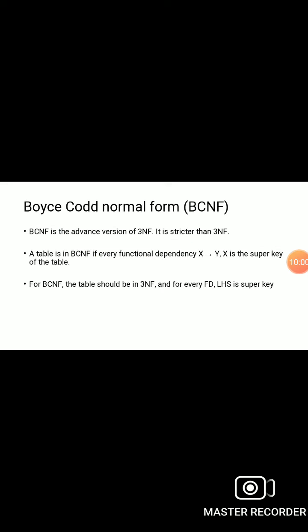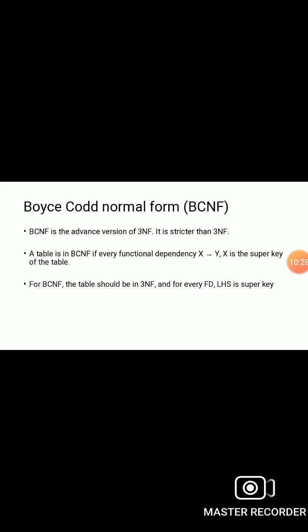The Boyce-Codd normal form, the BCNF, is the advanced version of the third normal form. It is also a basic reference to the third normal form, but stricter. A table is in BCNF if for every functional dependency X to Y, X is a super key of the table.